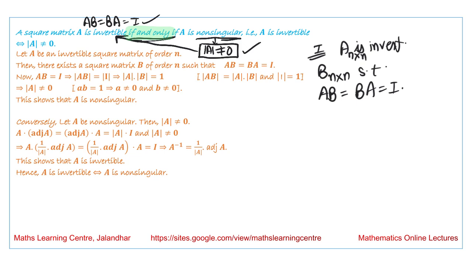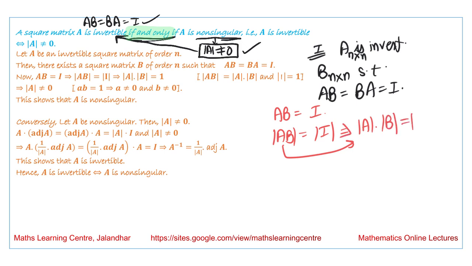Now look at this condition. We are saying AB = I. It means determinant of AB is equal to determinant of I. And determinant of AB means determinant of A into determinant of B should be equal to 1, because determinant of identity matrix is 1.